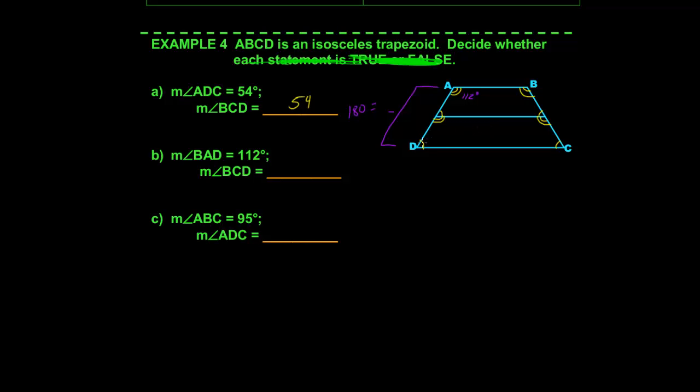What we're after is if we find what D is, we also find what C is. So our D, which I'm going to just label in here as an x, we don't know what it is. x plus 112 equals 180. Minus 112, minus 112. x then equals 68. So it's a 68. This is a 68.